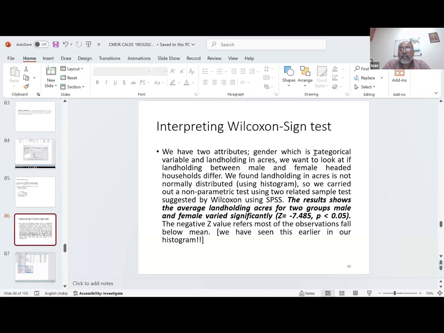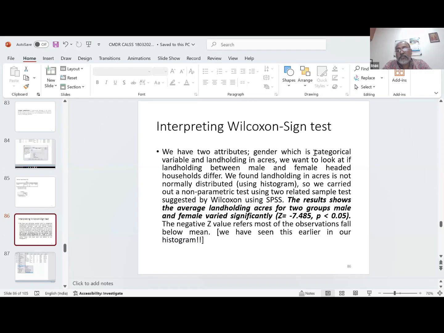We found landholding in acres is not normally distributed using a histogram. You can use the KS test also. So we carried out a non-parametric test using the two related sample test suggested by Wilcoxon using SPSS. The highlighted portion of the results is most important. The result shows the average landholding in acres for the two groups, male and female, varied significantly. The negative Z value means most of the observations fall below the mean.